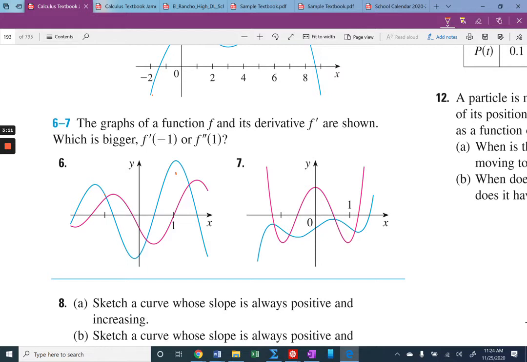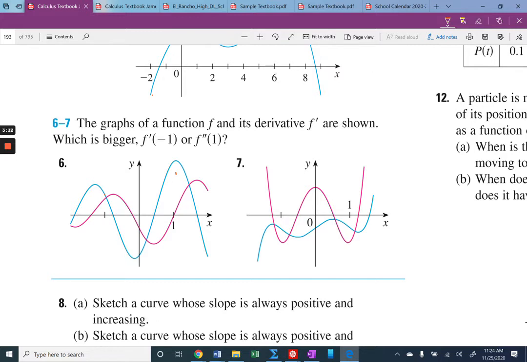I notice here the blue graph is negative right here, and the red graph decreases a little bit. Then the blue graph becomes positive through here, and the pink graph starts to increase. The blue graph becomes negative, and the red graph starts to decrease.